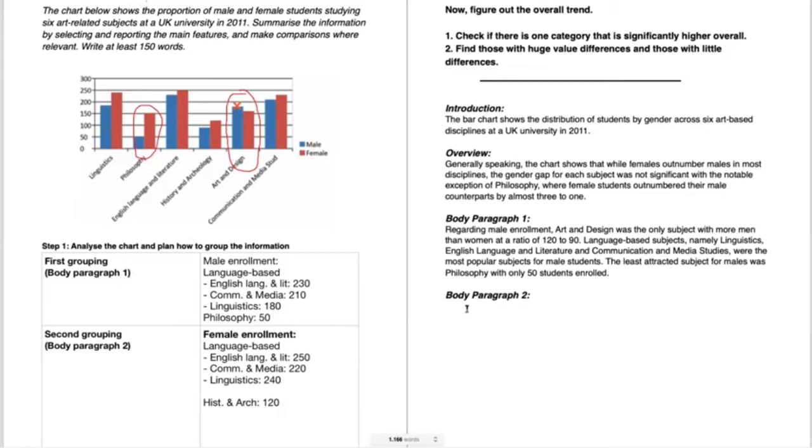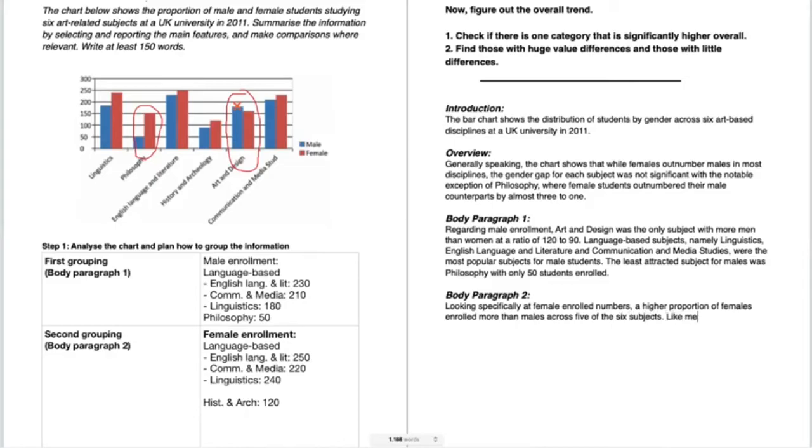And now we've got our body paragraph 2, which is just going to talk about our second grouping, which is the female enrollment. So I'm going to shift gears and say, looking specifically at female enrolled numbers, a higher proportion of females enrolled more than males across 5 of the 6 subjects. And that is also something we saw in our overview.